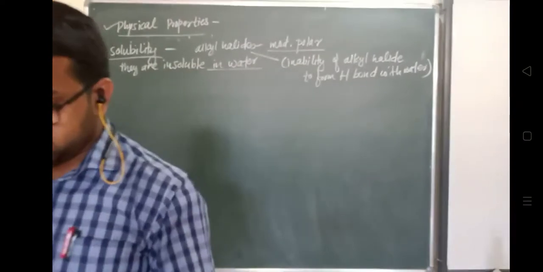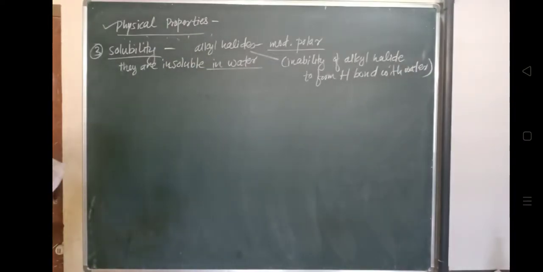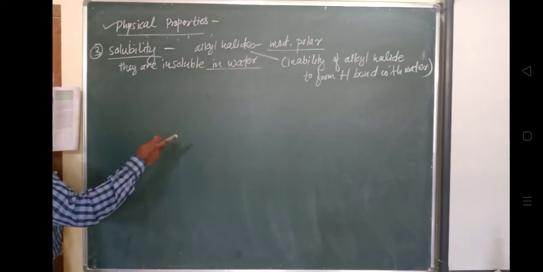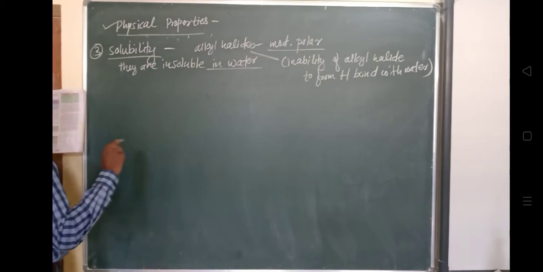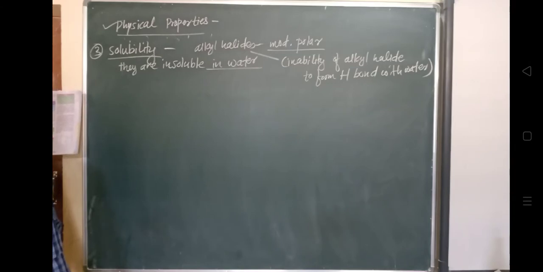So this is one reason that these alkyl halides will not form a hydrogen bond with water, and the attraction between alkyl halide molecules is stronger than the attraction between alkyl halides and water.